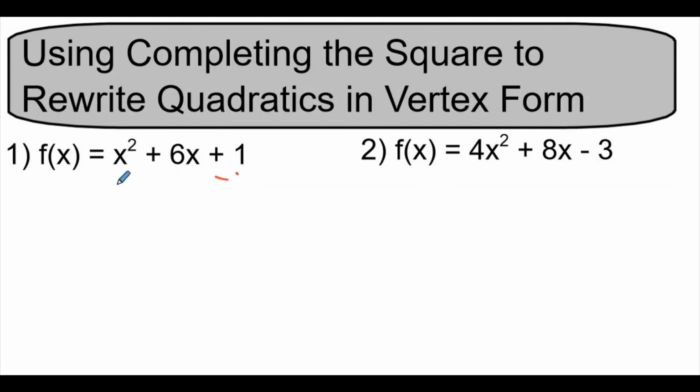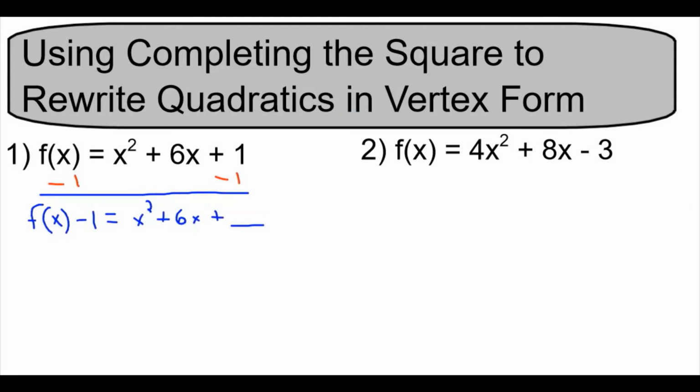So you want to remove this from the problem and put it over here so that the problem has room to complete the square. So we're now going to have f of x minus 1 is equal to x squared plus 6x plus that space that you've seen in the previous examples. And that space is going to be filled the exact same way.